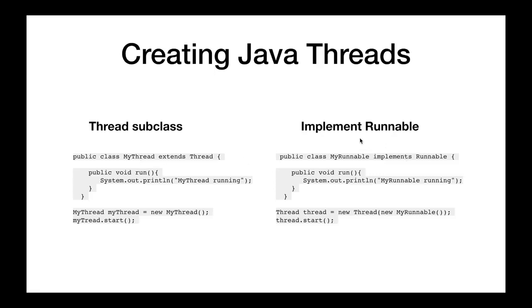The second method is to implement Runnable. We can create a class that implements the interface Runnable, whose run method we have to define. We can create a new thread and pass the instance of the class that implements Runnable, and when we call thread.start, it will execute the run method.